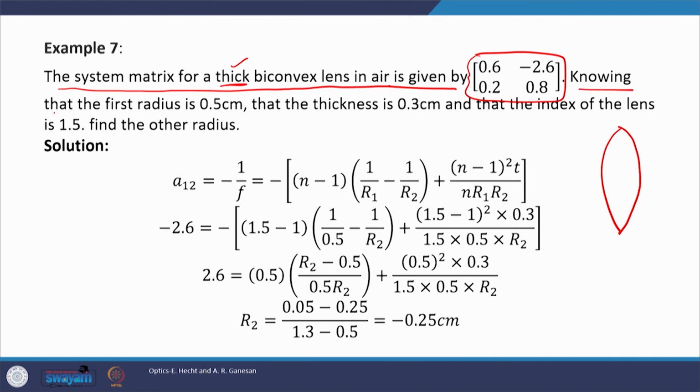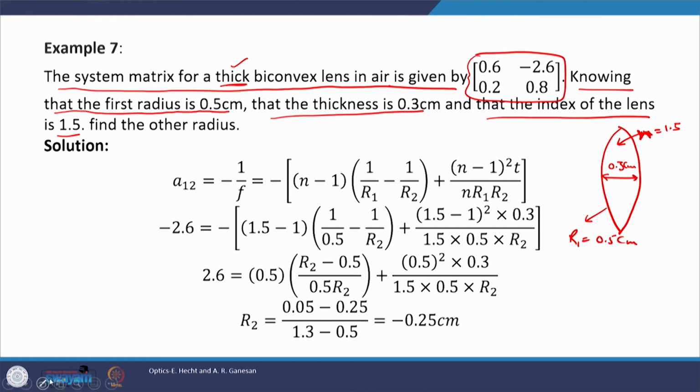Now, knowing that the first radius r1 is 0.5 centimeter, the thickness is 0.3 centimeter, and the refractive index n is equal to 1.5, a unitless quantity, find the other radius.